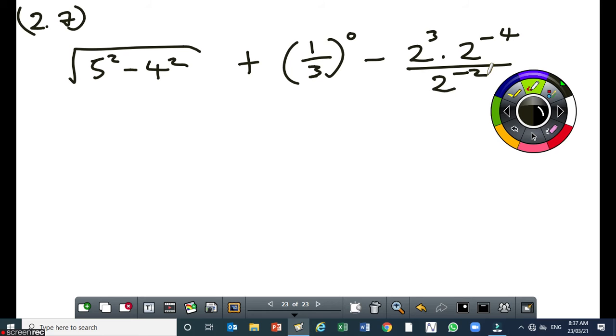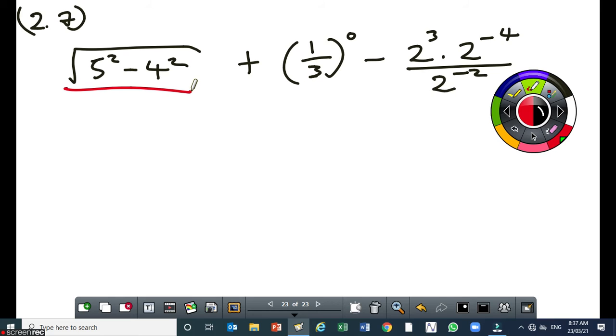Let me warn you, because when I marked your work, some of you made a mistake. This is the square root of the difference between 5 squared and 4 squared. You don't split it up into the square root of 5 squared and minus the square root of 4 squared.